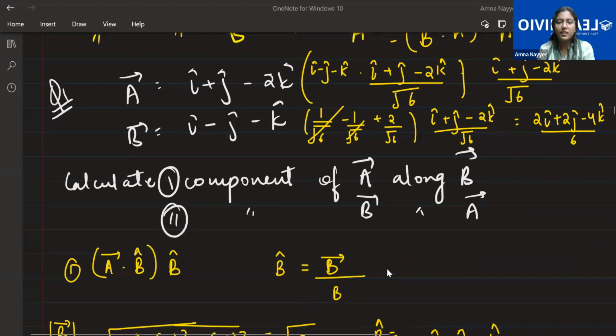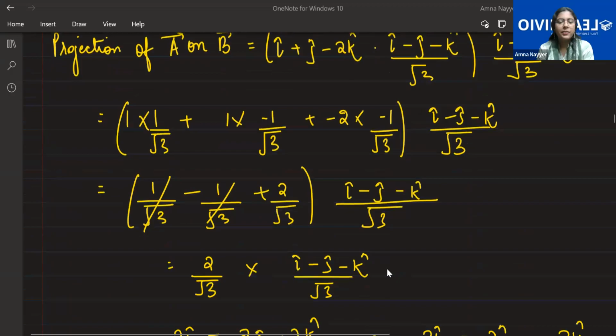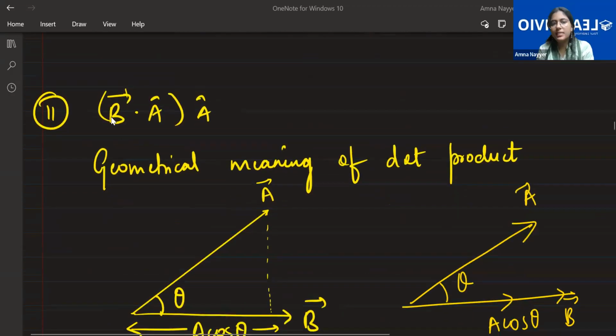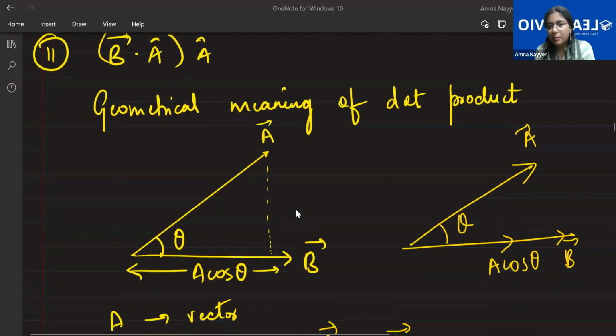See, what is the meaning of B vector dot A cap into A cap? The geometrical meaning is basically there's a vector A, there's a vector B. They both have an angle theta. So when we resolve it, yesterday we have studied resolution of vectors. If I resolve A's component, I'll get A cos theta here, right?